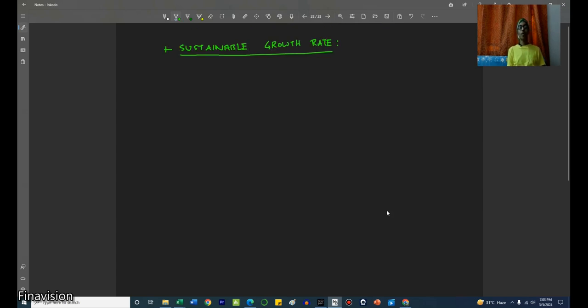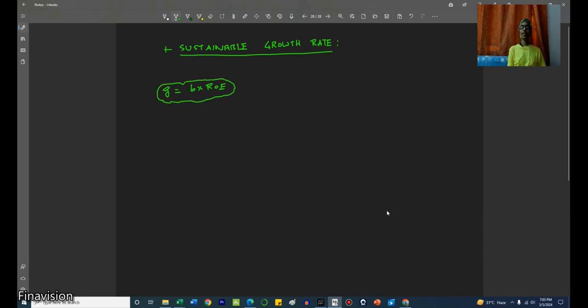So a simple way to find out the sustainable growth rate is simply to multiply the retention ratio with the return on equity. Now what is the reason behind this?